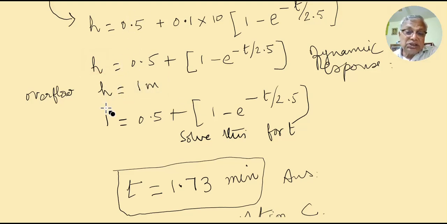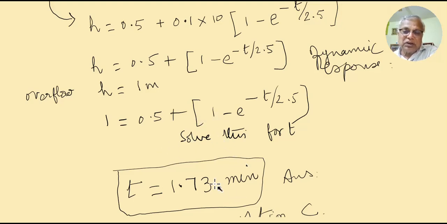We substituted h equal to 1 meter in this equation, because that is the full height of the tank, and solved for t. That will give us the time at which the tank is going to overflow.